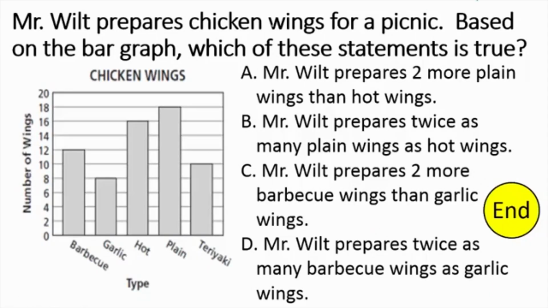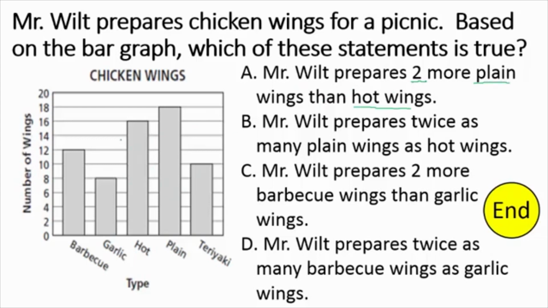Alright, Mr. Wilt prepares chicken wings for a picnic. Based on the bar graph, which of these statements is true? I read the statements, try to match them to what the information says. Mr. Wilt prepares 2 more plain wings than hot wings. So I'm going to compare plain versus hot.